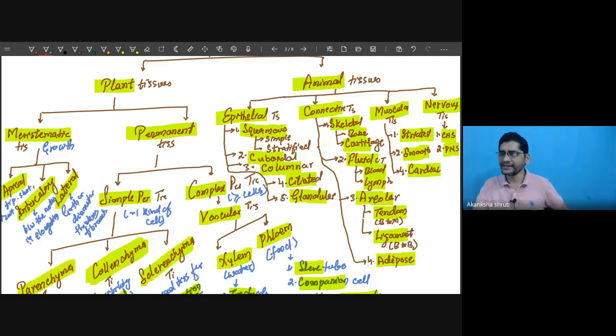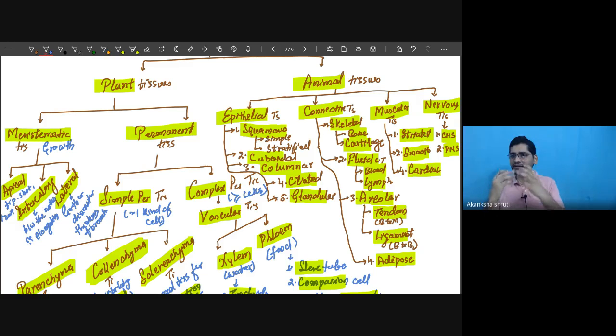Now epithelial means the outer boundary, like the skin that we have on our body, or any animal. That skin is a kind of epithelial. Now these epithelial tissues are again of various types, like the skin on our body, but there are certain other outer linings, like in our mouth also, like your tongue.